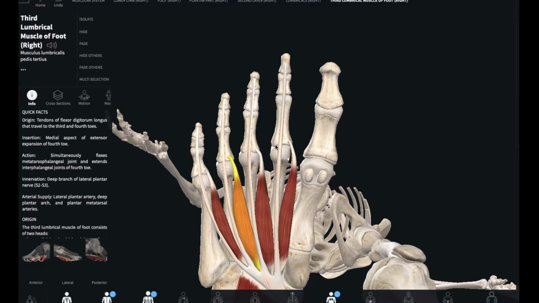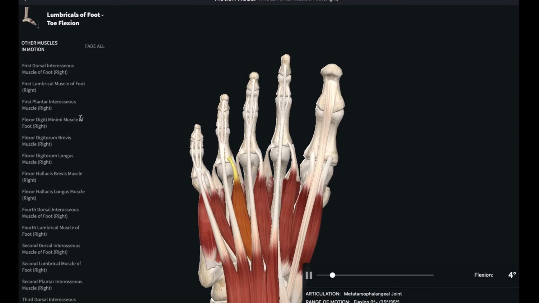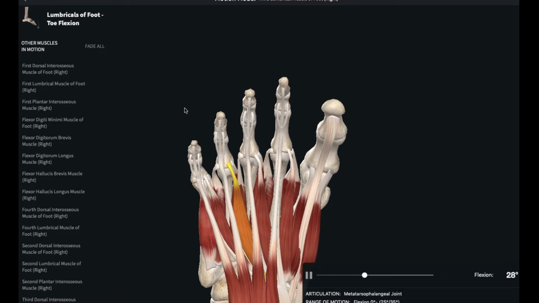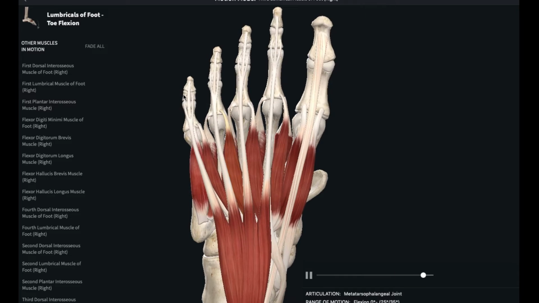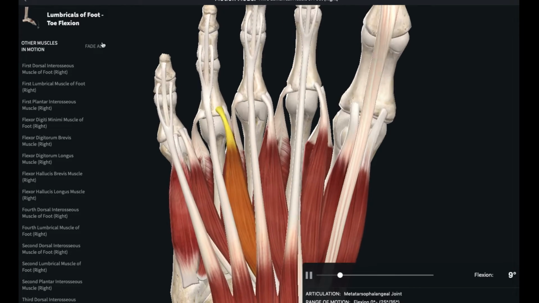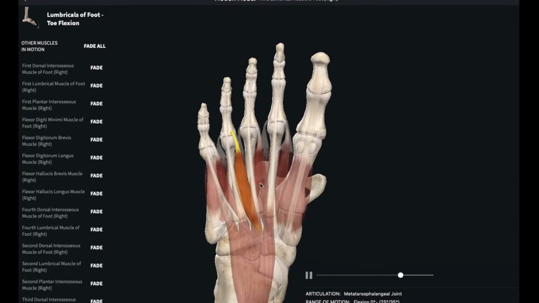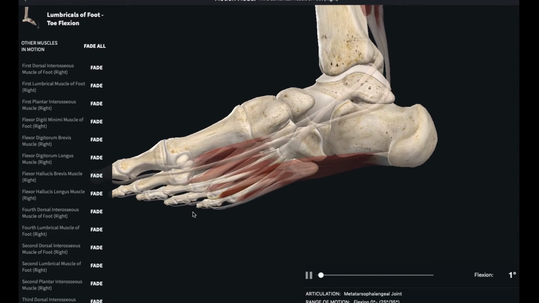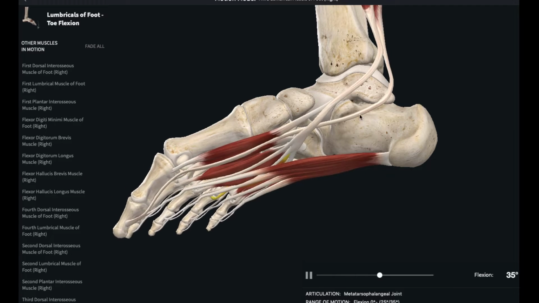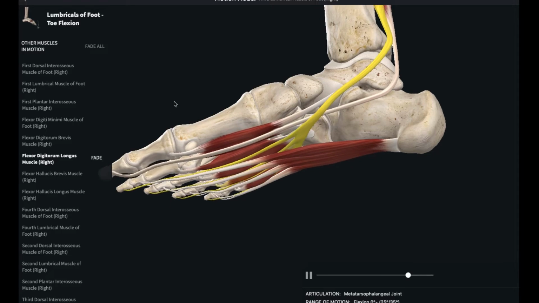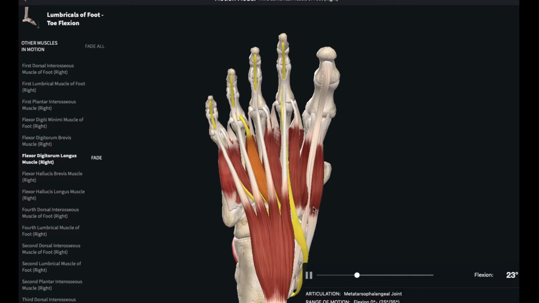Now, I believe it's going to be right here, but let's double check. Let's fade everything else. And as you can see, now I wish that there wasn't so many of these. It's kind of hard to see, but do your best. You can see these muscles traveling.